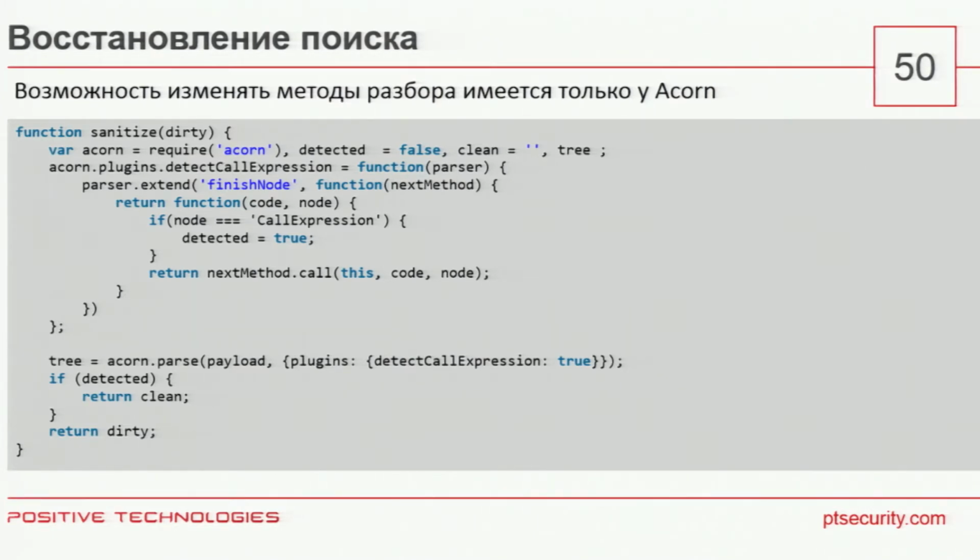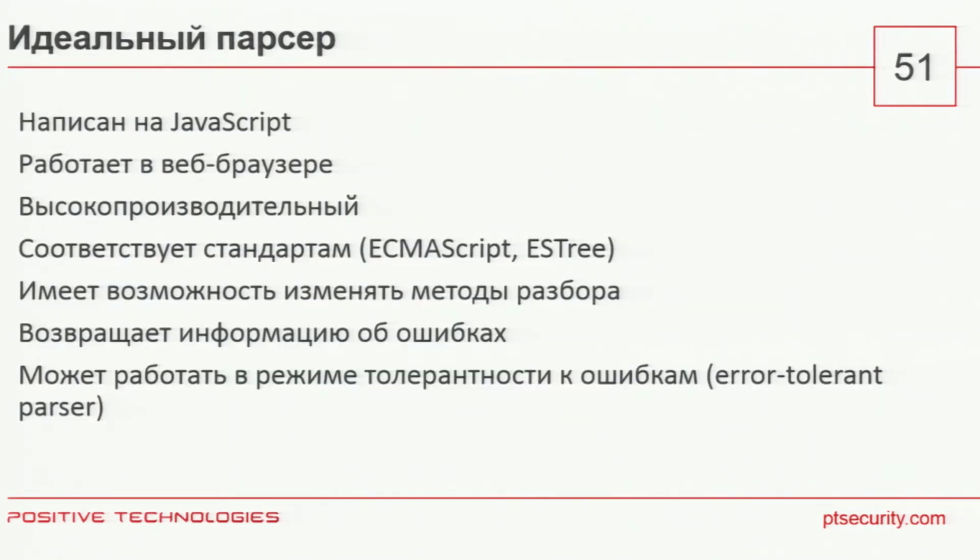It doesn't matter what it's going to have at the end, what kind of trailer, which part of the context. We do the parsing, and if the beginning of the string is valid, we can just add a special module which will do the same. If it finds banned nodes, it will immediately send a message, and we sanitize the data. For the time being, this capability is only available in the Acorn parser, so it's very good to use it in this context.